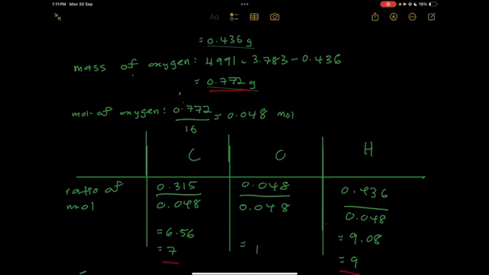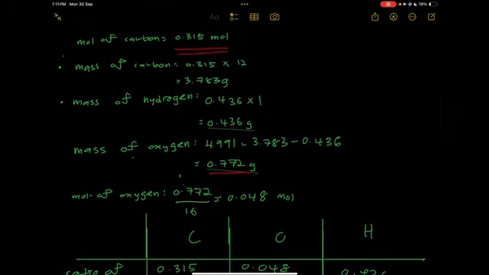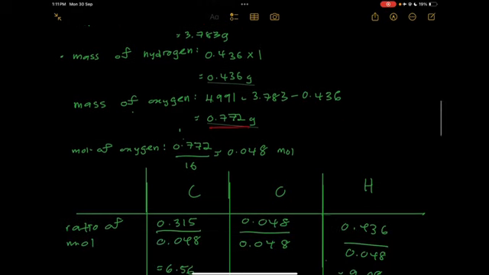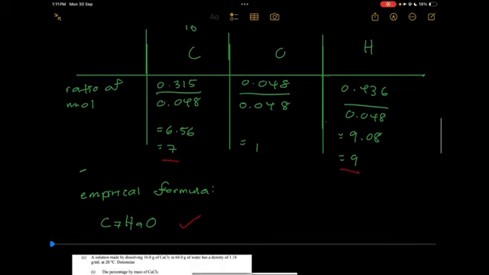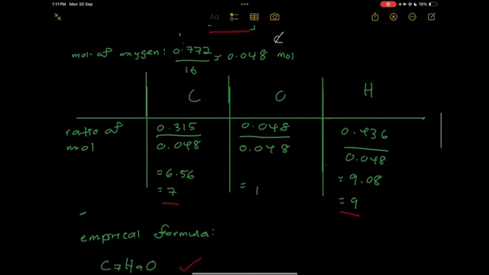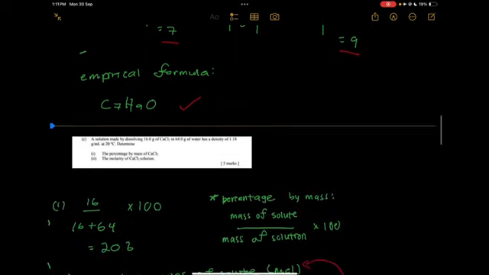After we get all of this, we can get the mole of oxygen from the mass of oxygen, which is 0.048 mole. So we must do a ratio of moles, and then we get carbon 7, oxygen 1, and H 9. So the empirical formula is C7H9O. So this is the final answer.